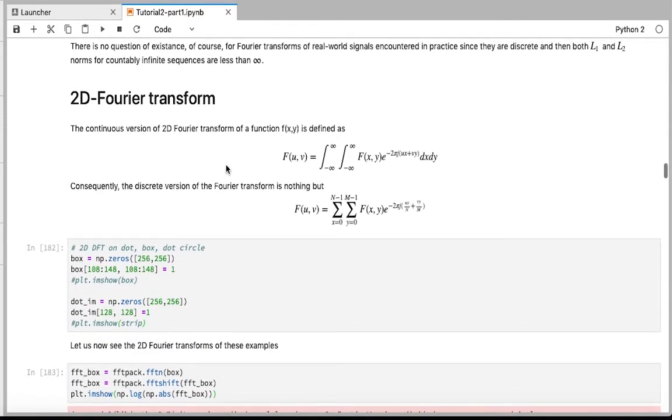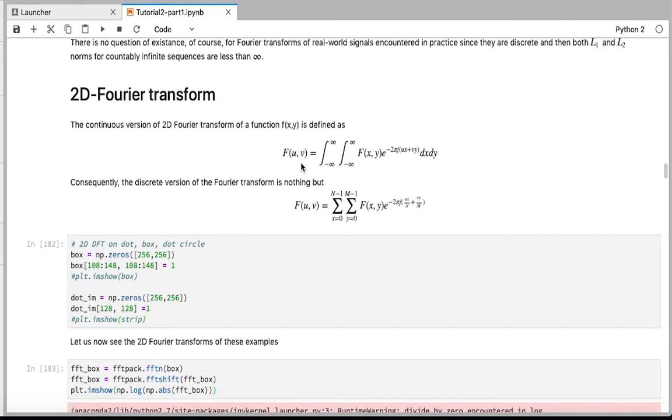Now let's go to the 2D Fourier transform. The continuous version of the Fourier transform is defined like this. The integrals can, of course, be exchanged because the integral is linear. f of x y is our image, and if you want to apply the Fourier transform, you just multiply with this and take an integral over x and y. It's a function of u and v, which are called spatial frequencies. u is along x and v is along y.